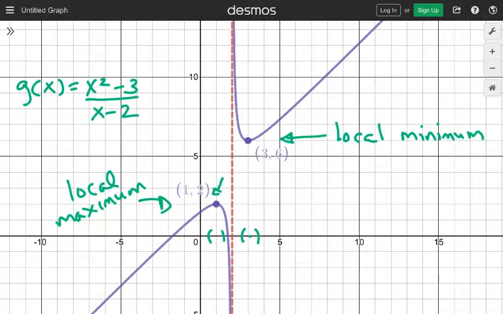This is kind of a strange looking graph because this is a rational function with a slant asymptote, or oblique, sometimes we call it.